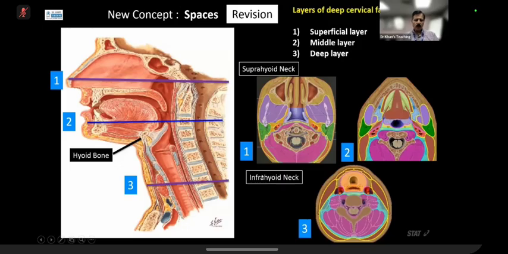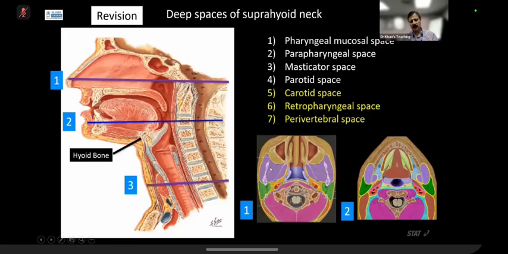Now, we know that neck anatomy over the years has been, in imaging, we use the concept of spaces. And there are spaces in suprahyoid neck and infrahyoid neck. I will introduce you, and I think most of them will be covered in more detail next time.